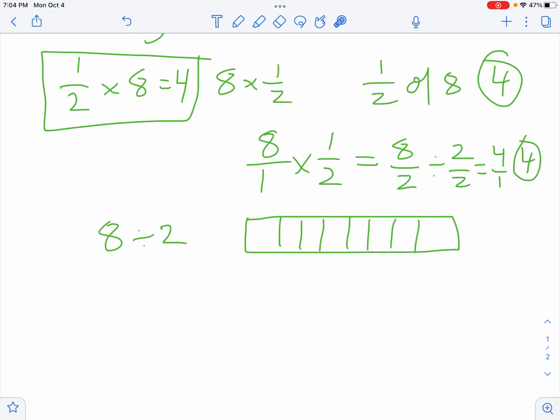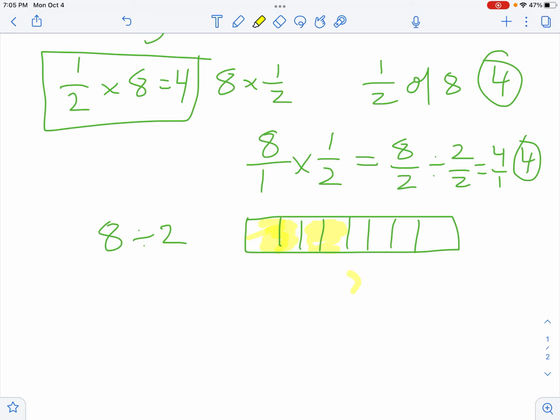If we think about it as how many 2's can fit into 8, we can think of it this way. So here's a 2, so we've got 1 2, and there's another 2.